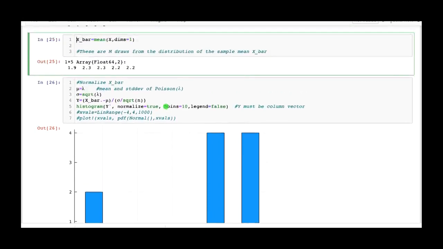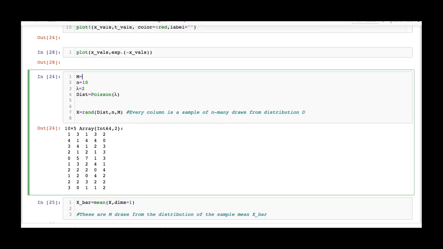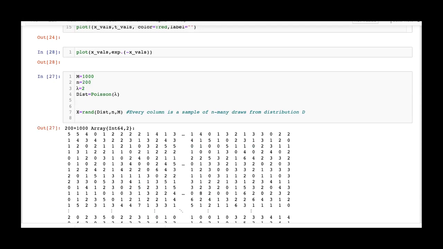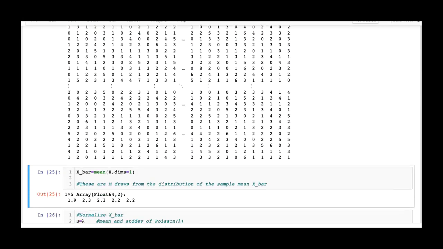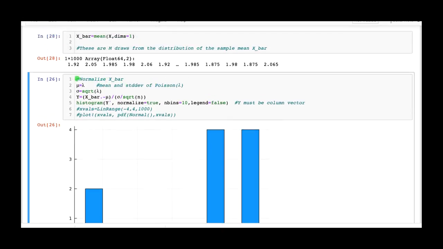What we're going to do now is take a large number of samples, say 1000, of a large number of draws, say 200. We can compute the means. We will now have 1000 means, so 1000 draws.